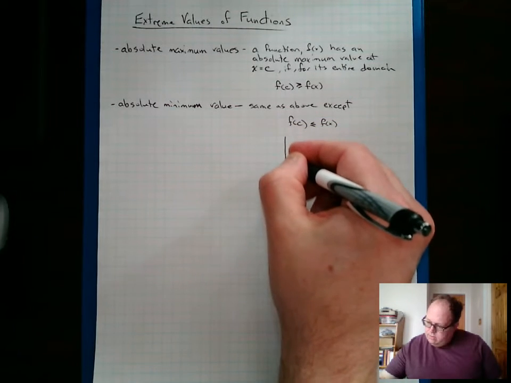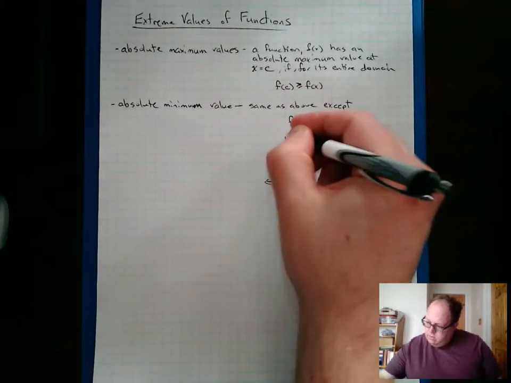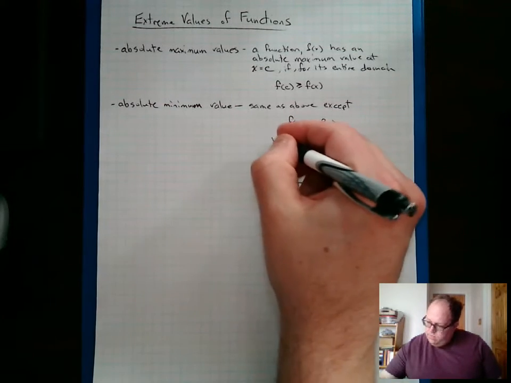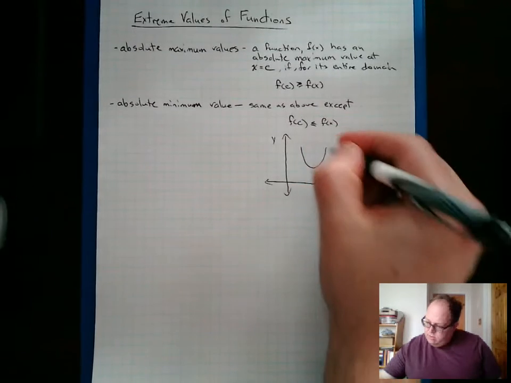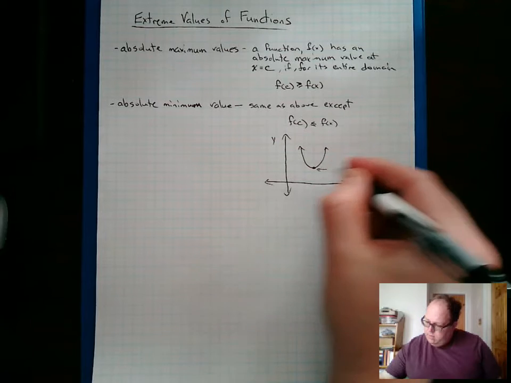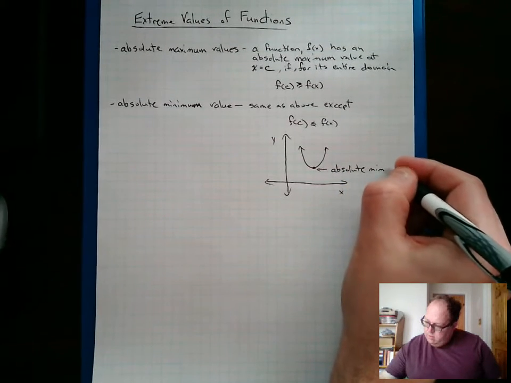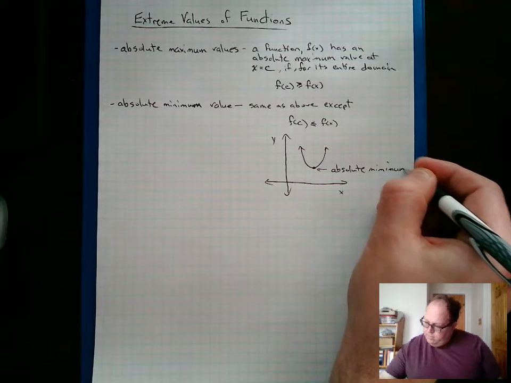So if you had a basic quadratic, the vertex would be its absolute minimum.